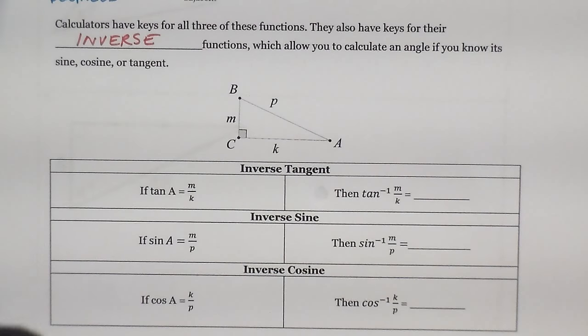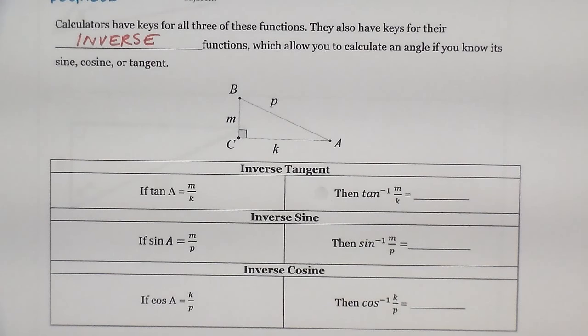Functions that are inverse functions are functions that undo other functions. So for example, the inverse operation of multiplication is division. The inverse operation of addition is subtraction. The inverse operation of x squared, or squaring something, is square root.